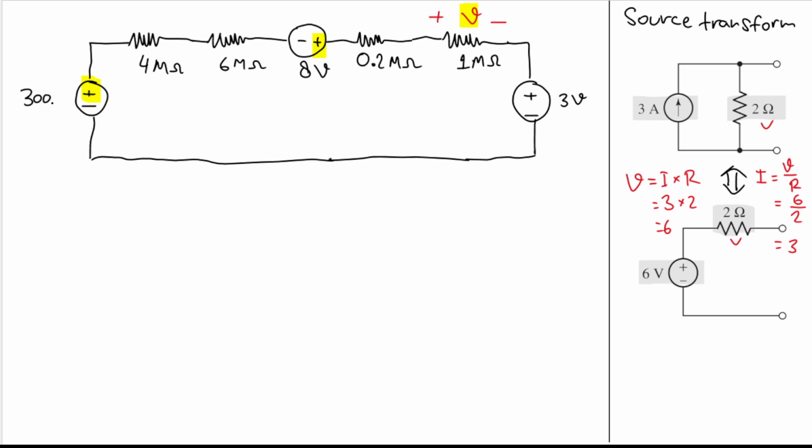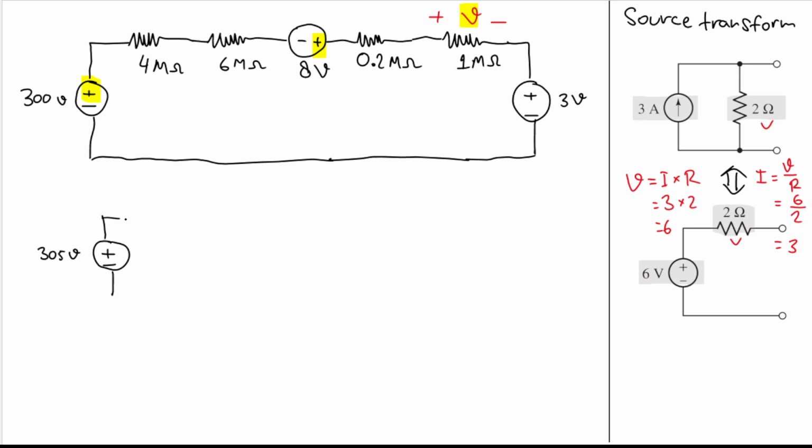And here we can combine this voltage source, right? Because this will be 300 plus 8, which is 308, minus 3. So we will have 305 volt.